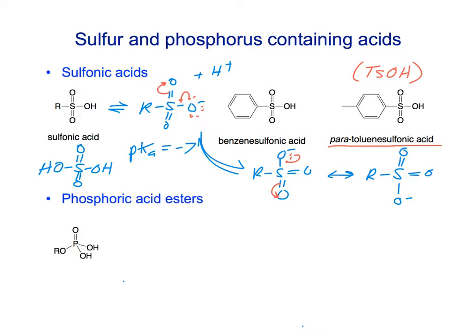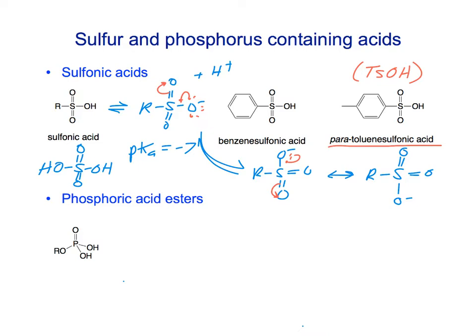What if we replace that OH with a chlorine? What can we use it for? Well, we can react it with an alcohol to make a sulfonic ester. And what were sulfonic esters good for?